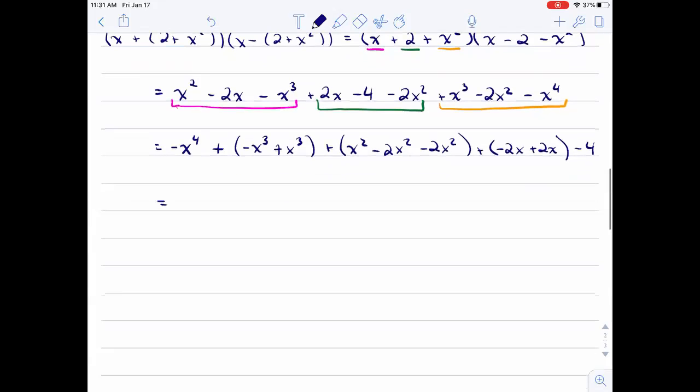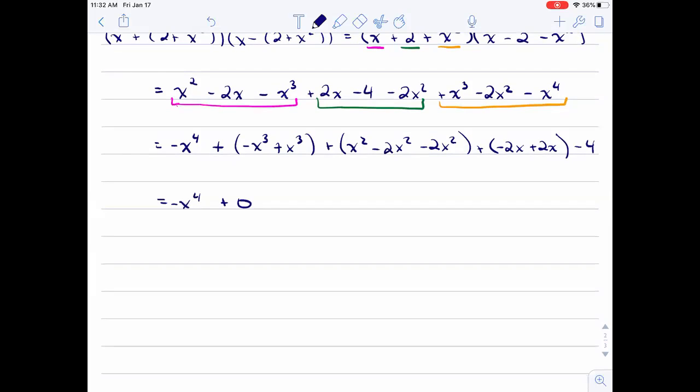And so we get negative x to the 4 plus 0, right? Plus 0 plus x squared minus 2x squared minus 2x squared, or minus 3x squared, right? Because you have minus 1 minus 2 minus 2, right? So what you can do is you can just look at the coefficient here.